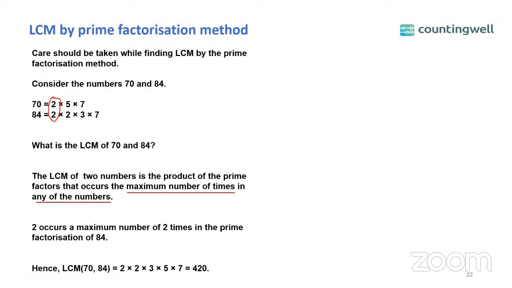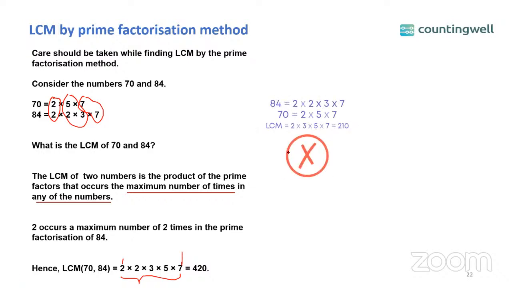Hence, for the LCM, we take the common 2, then multiply the common number 7, and then the remaining uncommon factors, that is 2, 3 and 5, and in this way we get the product as 420. So the LCM is not 210, the LCM is 420.